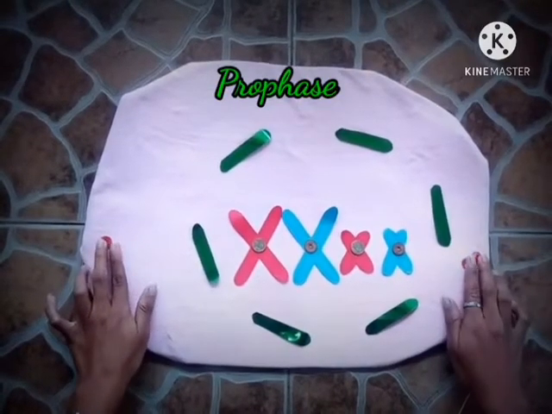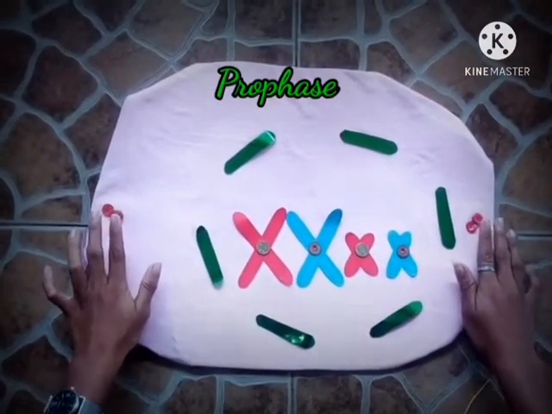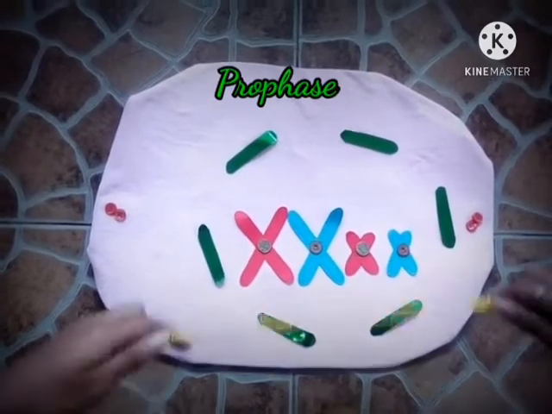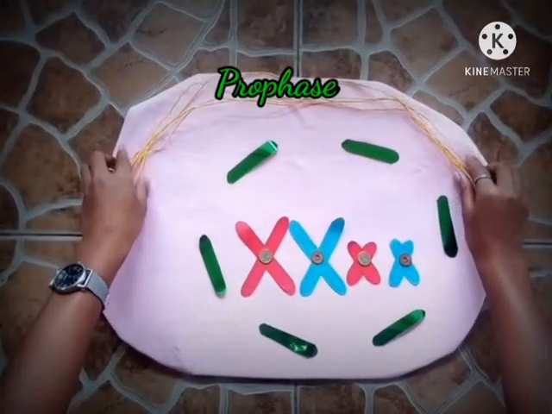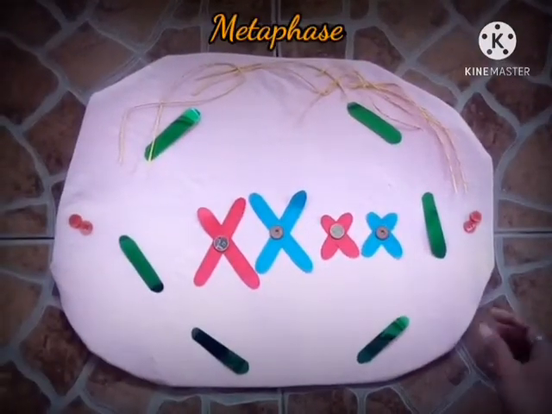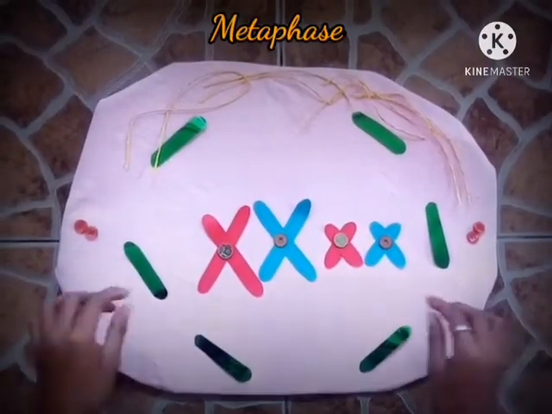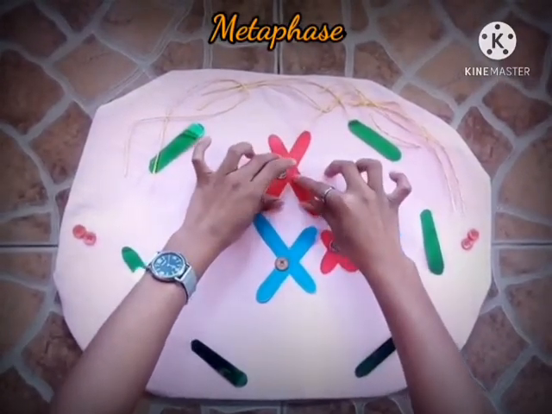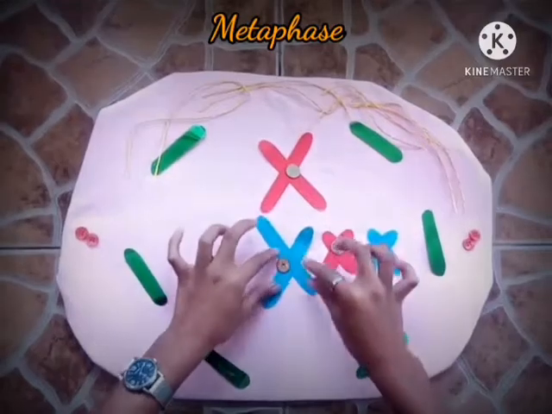The centrioles begin moving to separate to opposite ends of the cell and forms spindle fiber that helps to separate the chromosomes. Next stage is the metaphase. At this stage, the chromosomes align themselves at the mid-region of the cell nucleus.